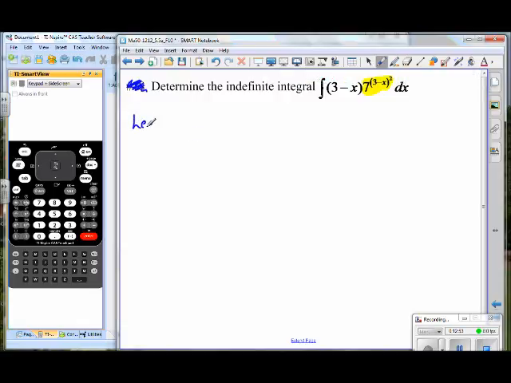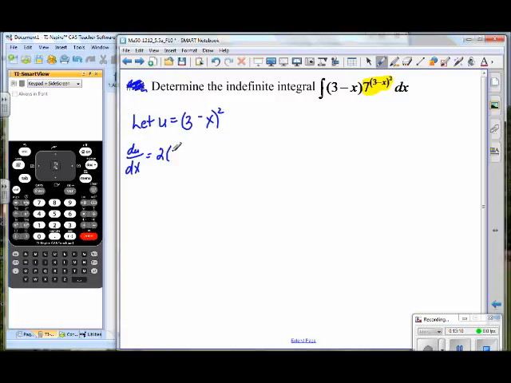So we're going to say let u equal, and the outside function is 7 to a power, so we're going to let the inside function be 3 minus x to the second power. Take that derivative.